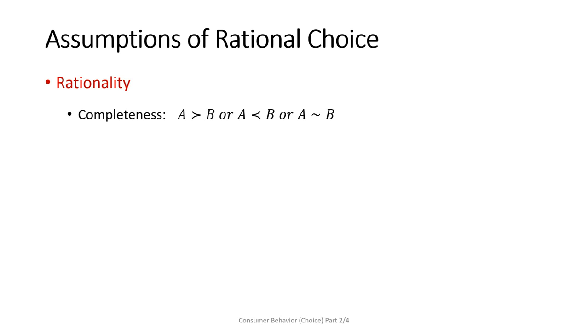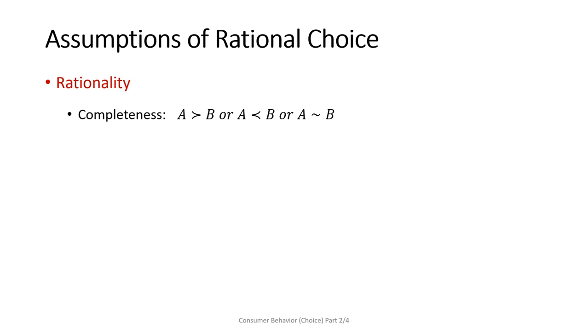First is completeness, which means if a consumer is exposed to two different bundles called A and B, the consumer will consume both, and at the end he or she will be able to rank them, as either he will say the first is preferred or the second is preferred, or he is indifferent between both.